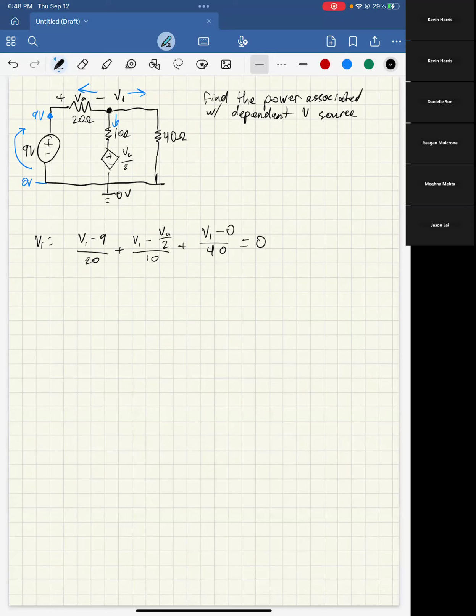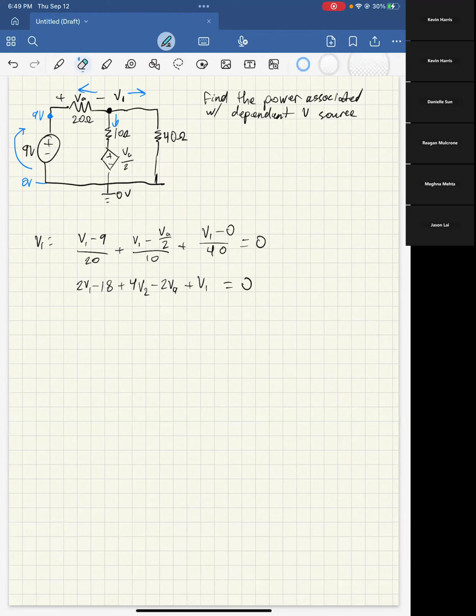We can simplify this a bit. Let's multiply everything by 40. You get 2V1 minus 18 plus 4 times V1 minus VA over 2, which is 2V1 minus 2VA, plus V1 equals 0.